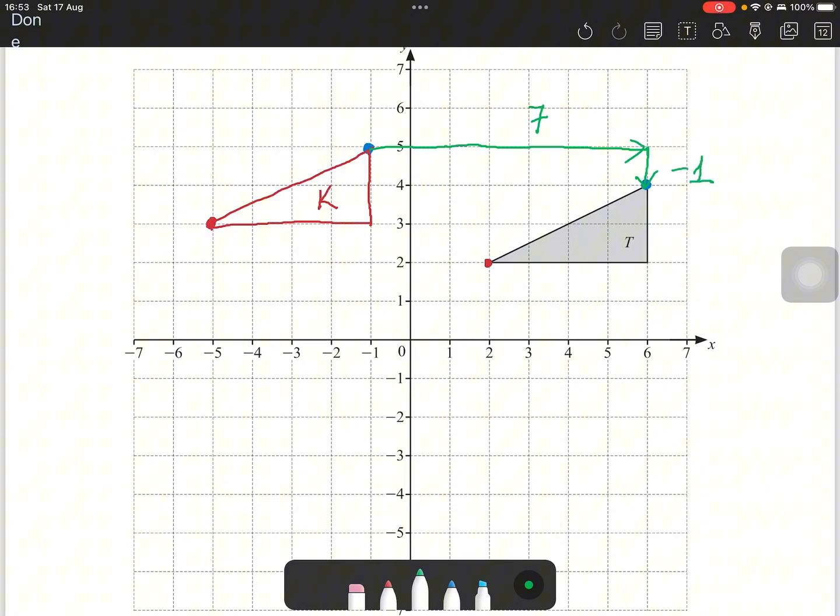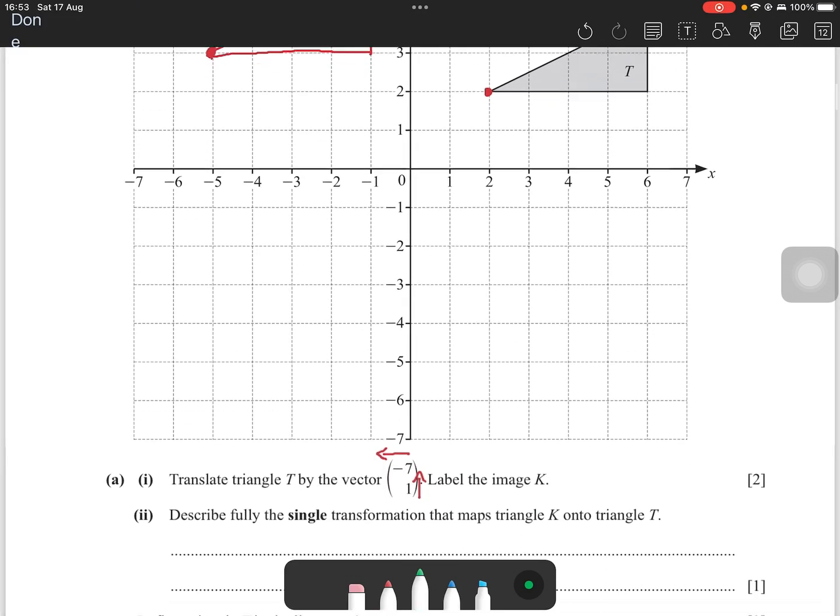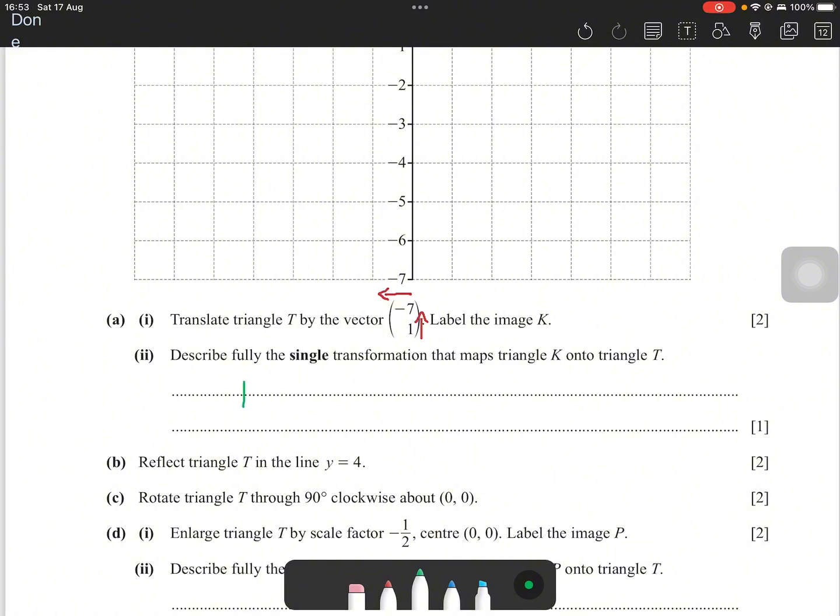So we say that the transformation is translation by the vector (7, -1).